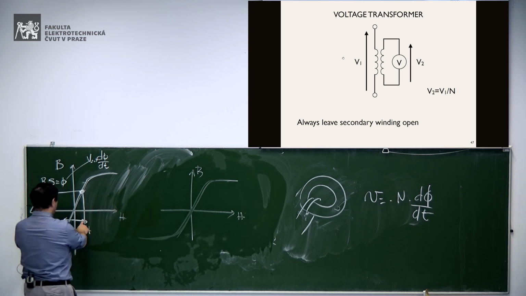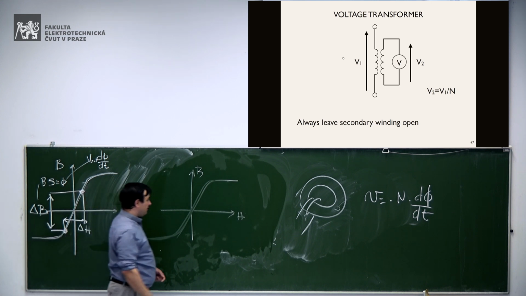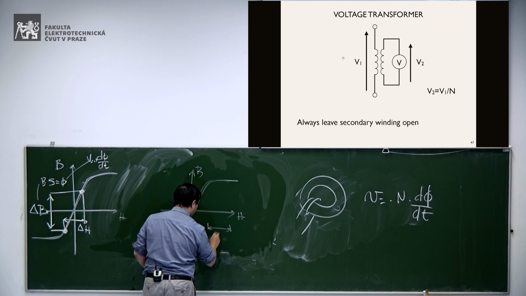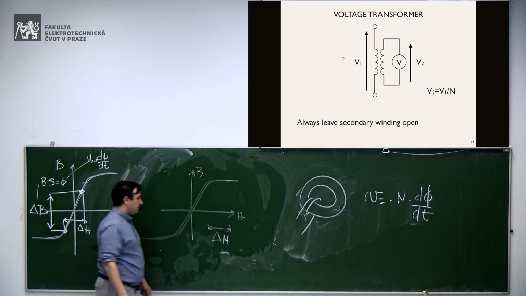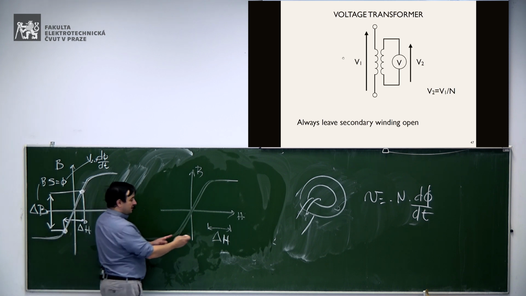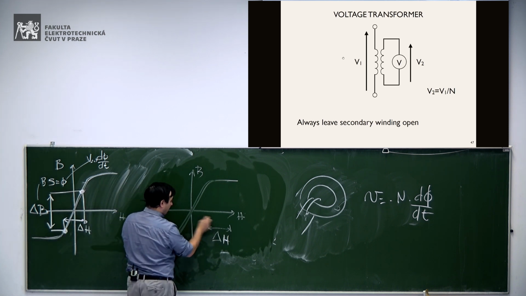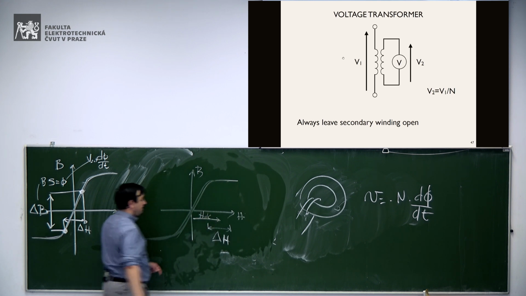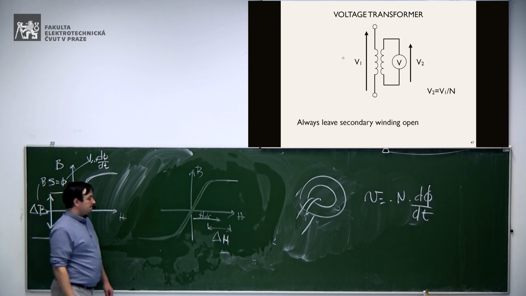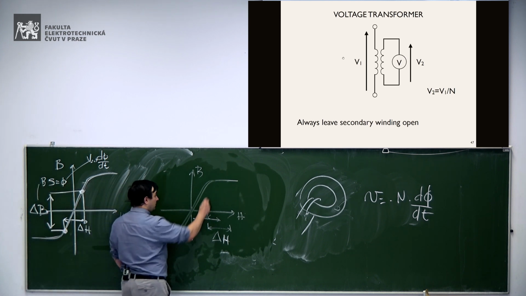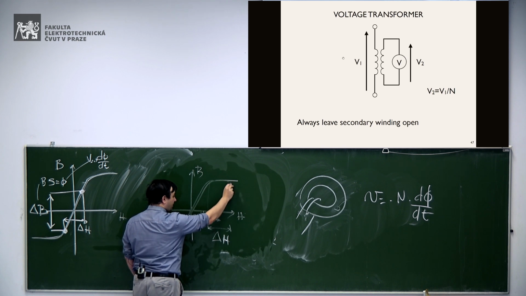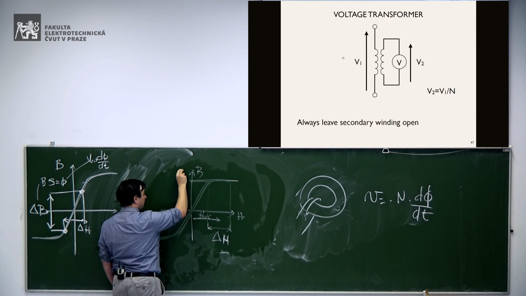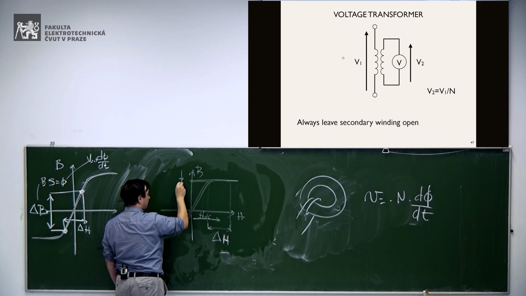You have the same variation of magnetic field, okay? So you have the same delta H, but it's shifted. It's not around zero. It is shifted by a DC field, okay? Now, let's see what type of variation of B it will produce. Well, almost nothing, okay?